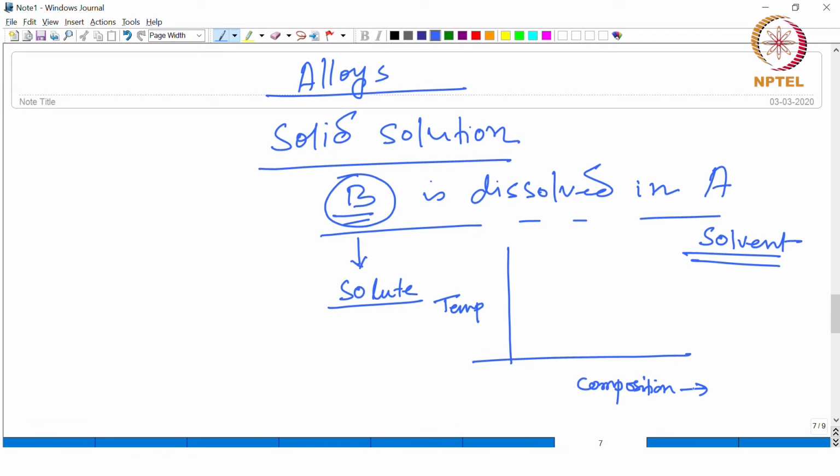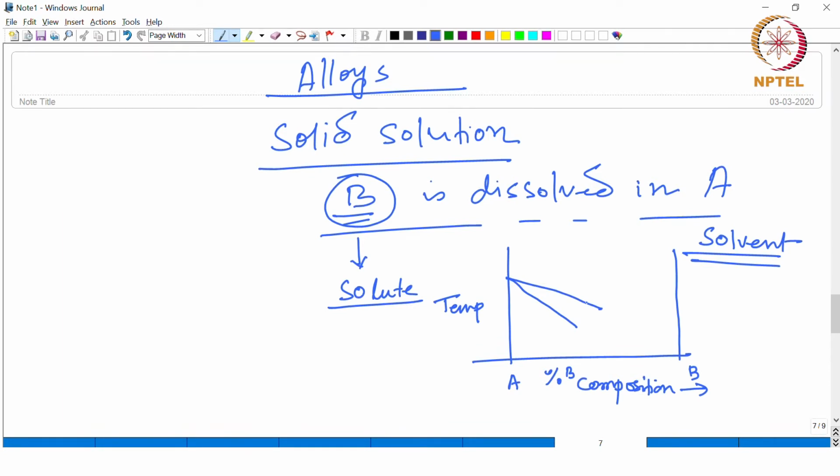Okay. So, this end is pure A and this end is pure B, and composition is in terms of percent B. Okay. So, let us say it can be something like this. Okay.